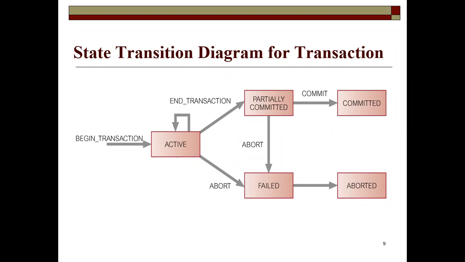So until you've finished all the steps, that transaction remains in an active state. If we successfully do all the actions involved or all the steps involved in a transaction, then we use the upper arrow, that's end transaction, and move to a partially committed state.